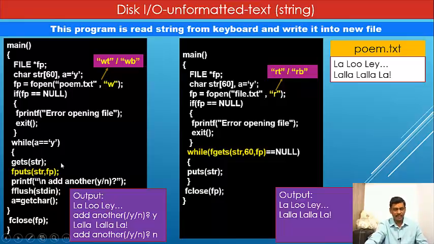We can type a string, and when we press the enter key, everything up to the enter key gets stored into str. For example, here the cursor is waiting at the time of execution to accept the string.